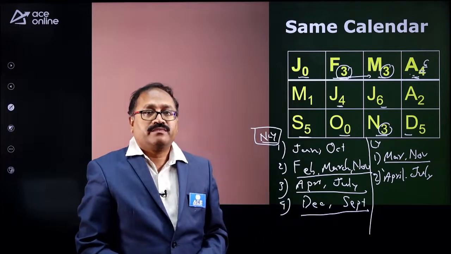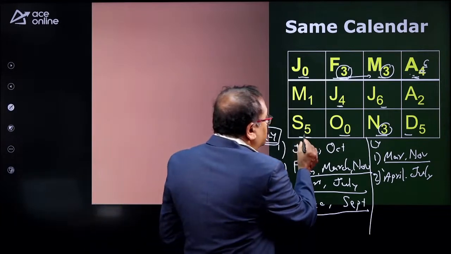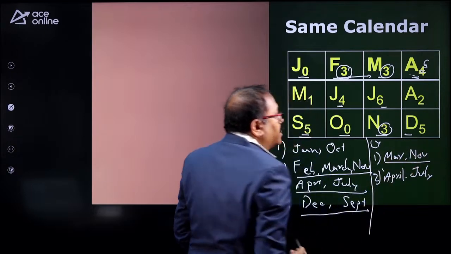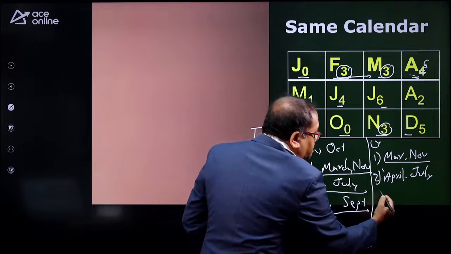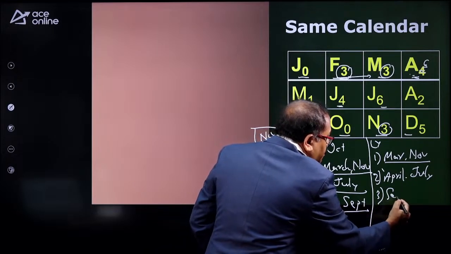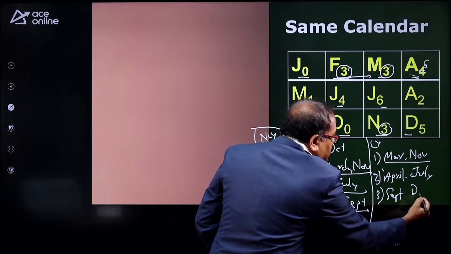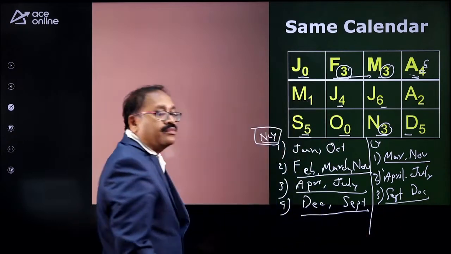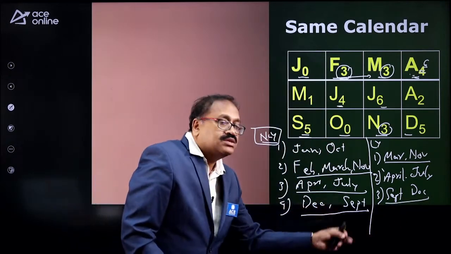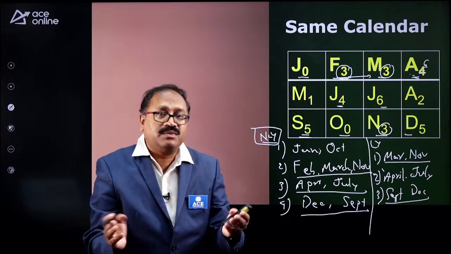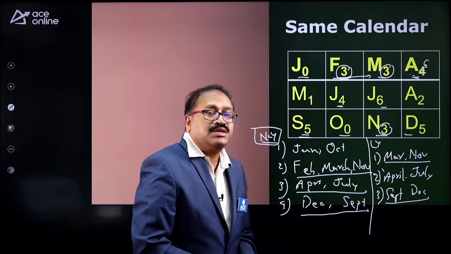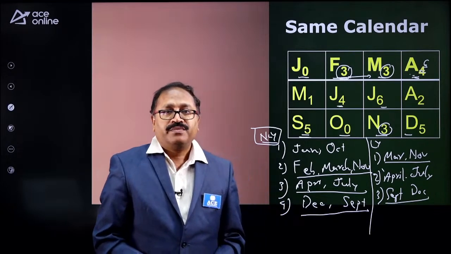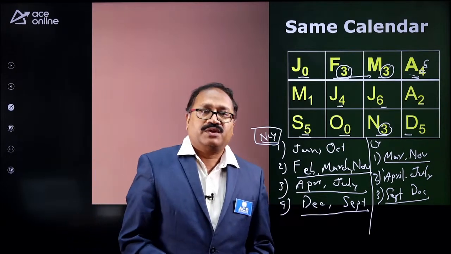And last one, September and December have the same code. Therefore, the September calendar will be the same as the December calendar, irrespective of leap year or non-leap year. So this is the additional information I wanted to share with you, and we will start today's topic now.